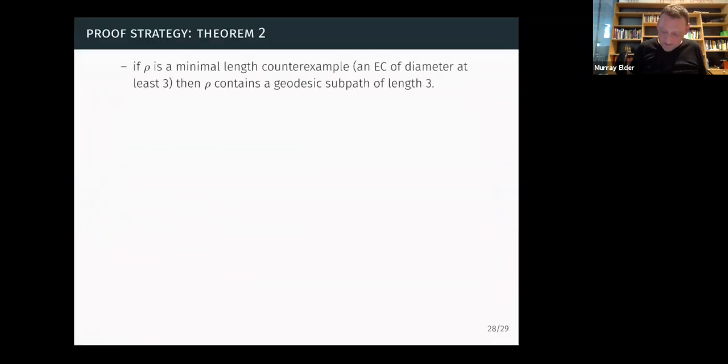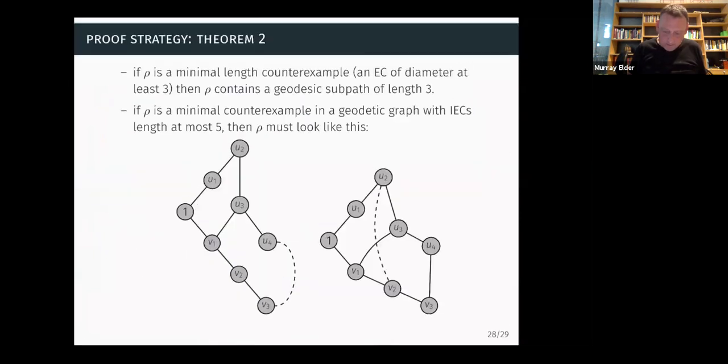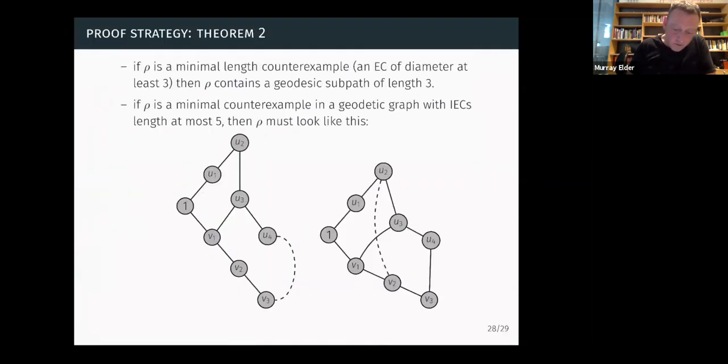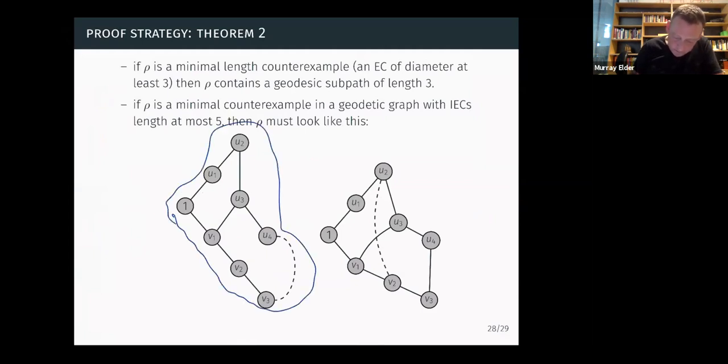So it's really fun. So slightly more detail is here, that first of all, if you've got one of these minimal length counterexamples, then it actually goes around here. Then it contains a geodesic subpath of length 3, kind of realizing the diameter.